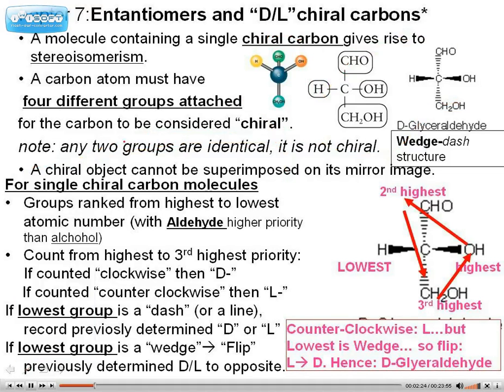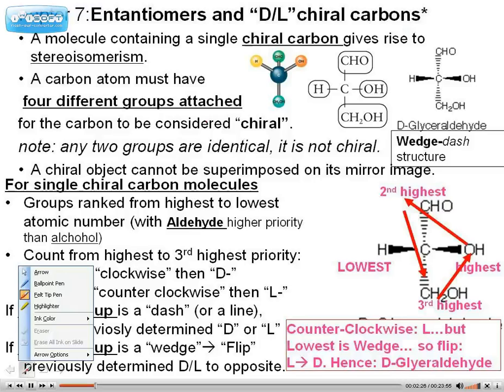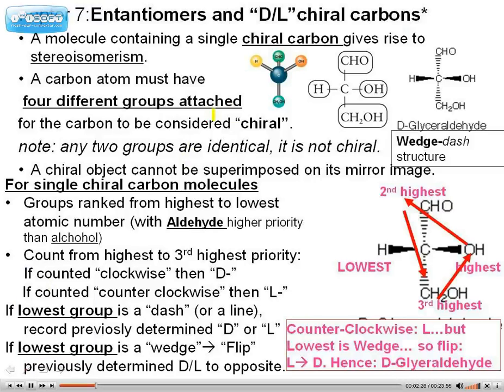So, as I highlight this, is there a chiral carbon present? In this wedge-dash structure right here, is there a chiral carbon present? In this case, yes, there is, because there are 4 different groups surrounding this particular carbon. Can there be a mirror image formed off of this molecule? Yes, there is.